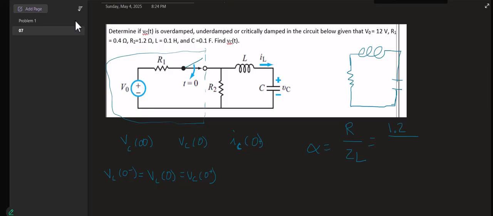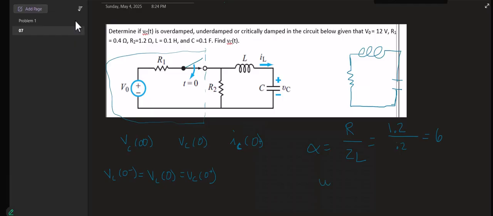Okay, and we were saying over 2L, and L was 0.1 Henry, so over 0.2, so alpha equals 6. And then omega naught always equals 1 over the square root of LC. That's our resonant frequency. So that'd be 1 over the square root of L is 0.1 and C is 0.1.